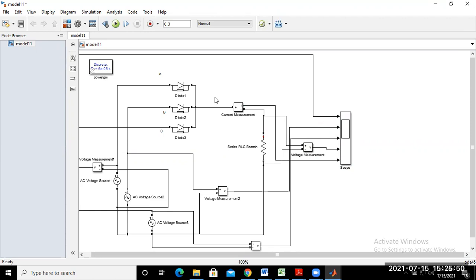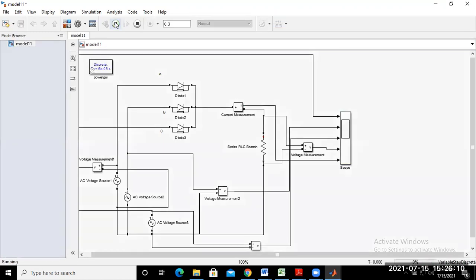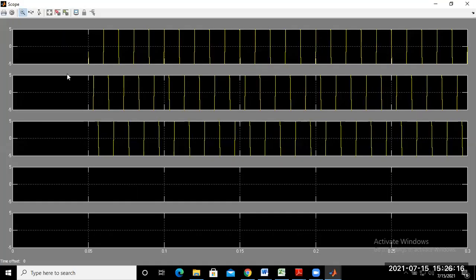Now run this model and check the output voltage waveform. Now compiling. So click on the scope and the output voltage.